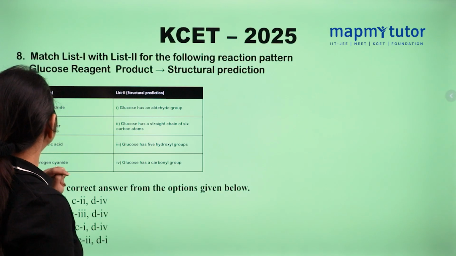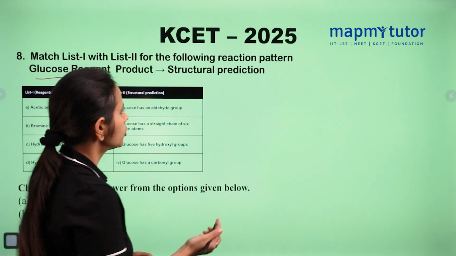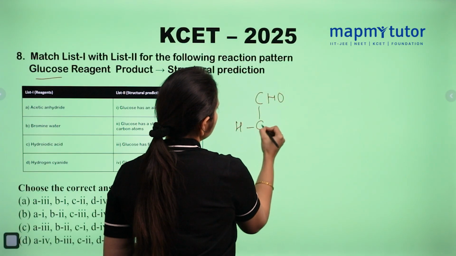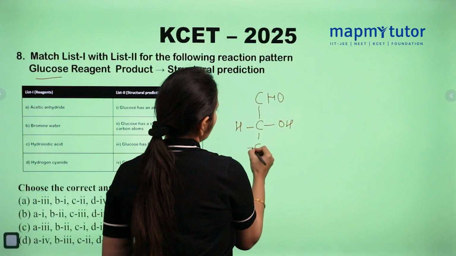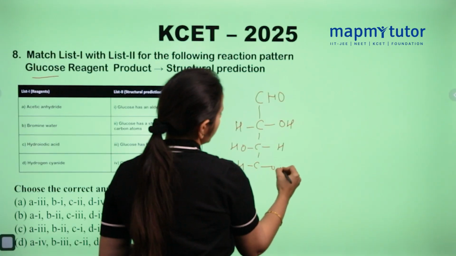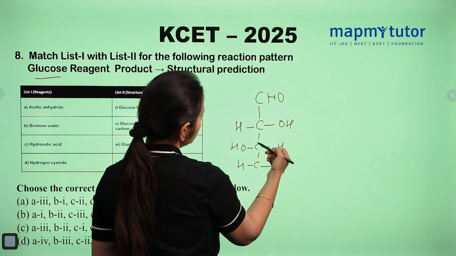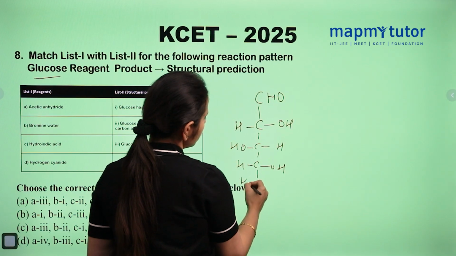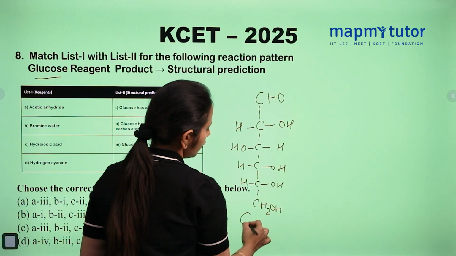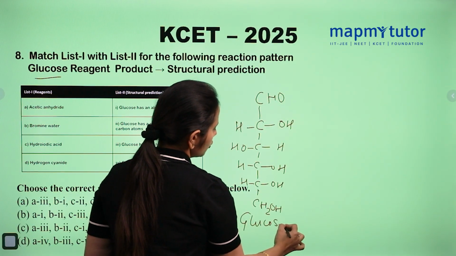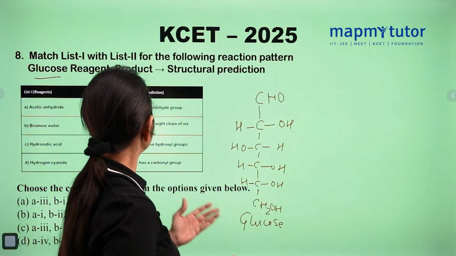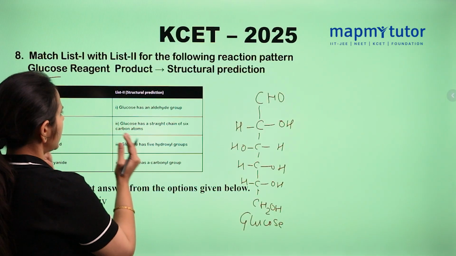For this, first we need to write the structure of glucose: CHO, H, OH, OH, H, H, OH. There are 6 carbons in glucose, 1, 2, 3, 4, 5 and 6. Now we will see one by one how each reagent reacts with glucose, what the product will be, and how we can predict the structure of glucose with the help of these reagents.